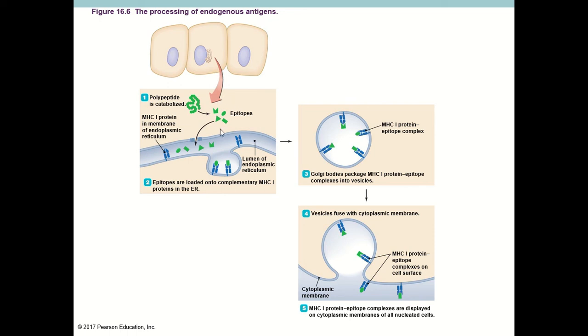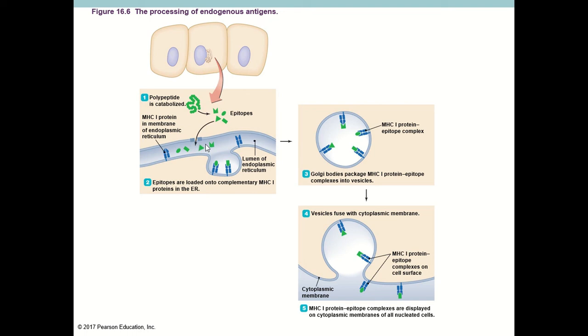So in response to the polypeptide, otherwise known as a protein, produced by the bacteria or the virus, they're going to go ahead and take in those polypeptides into the endoplasmic reticulum of the cell. By that point, those polypeptides already became epitopes. Okay, so these are antigens, parts of the antigen.